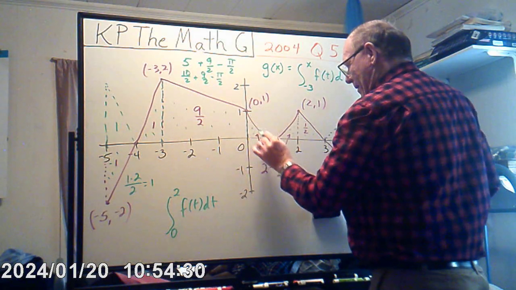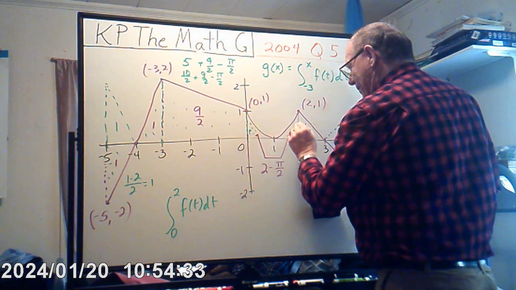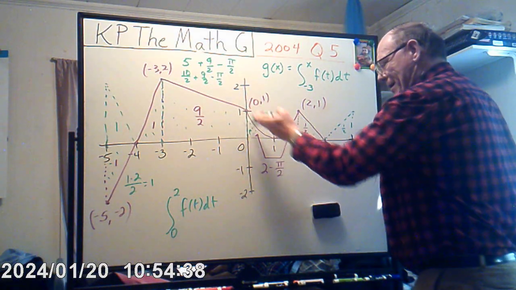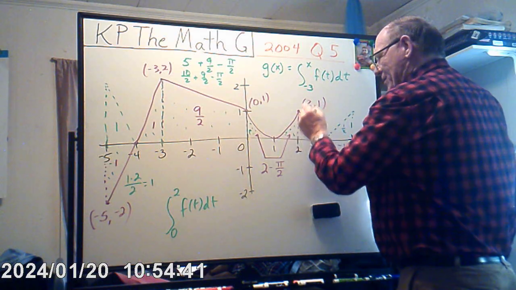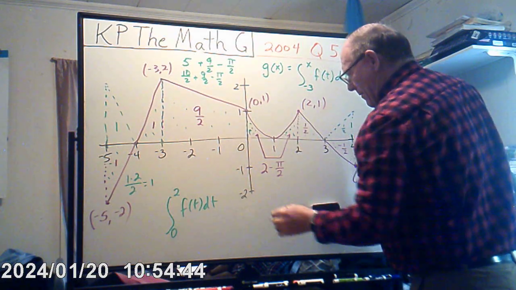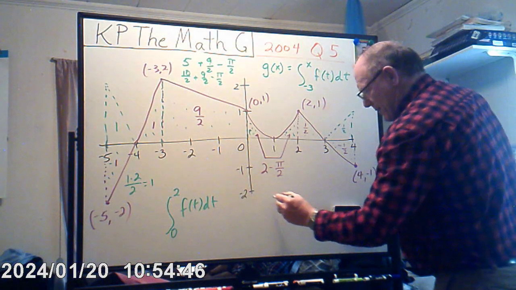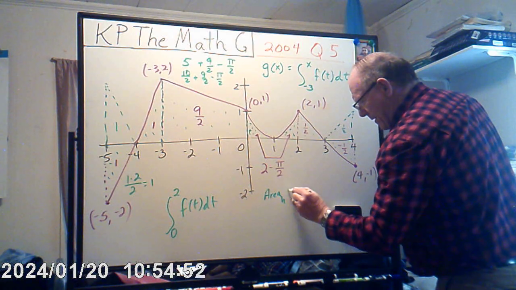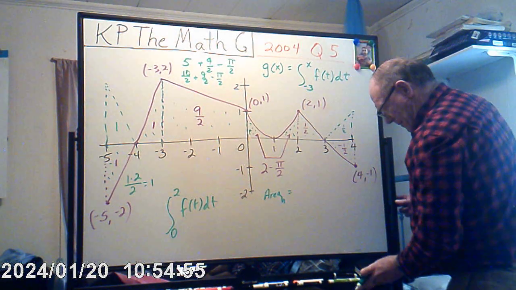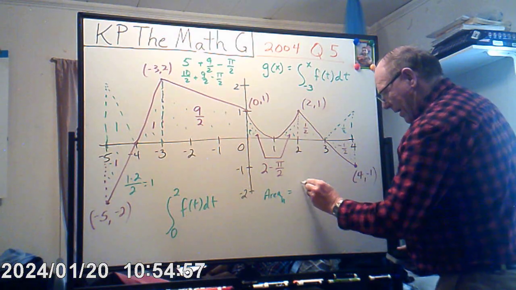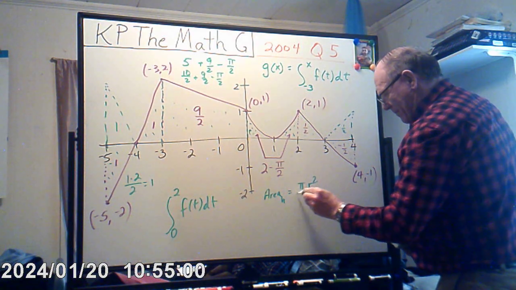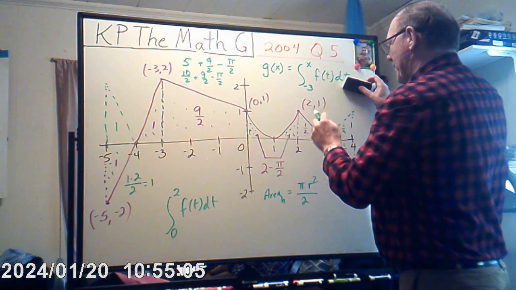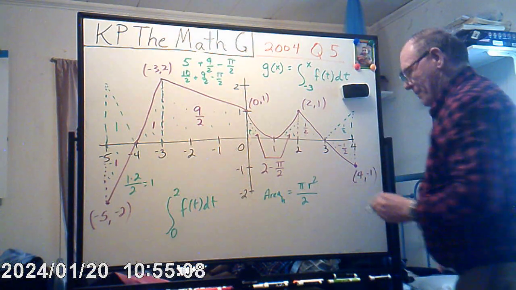When looking at the area underneath these little curves here, not inside here, it's just going to be underneath here. Well, this is a hemisphere, and the area of it is equal to, remember, the area of a circle is pi r squared, but we're dividing this by 2 because it's half a circle and not a full circle.